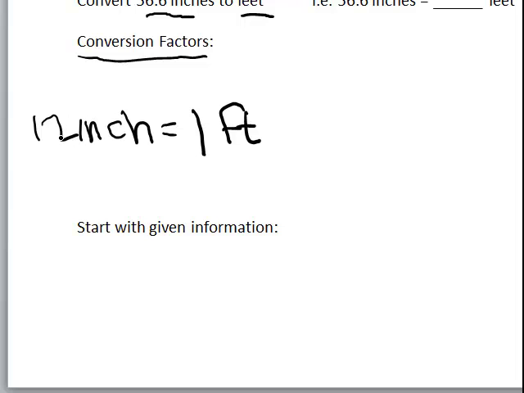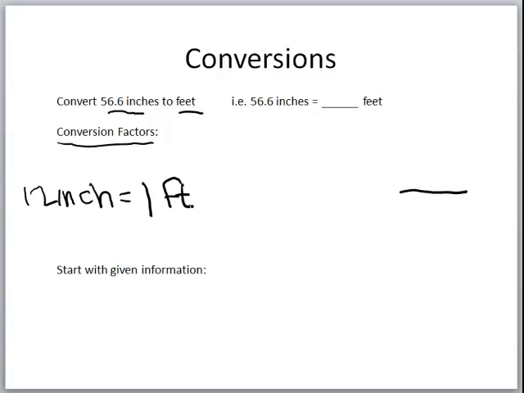So that's the relationship. 12 inches is equivalent to 1 foot. Well, what that means is that we can write a fraction with that. We can say 1 foot over 12 inches. Now, essentially, the value of that fraction is 1, since the numerator and denominator are equivalent, but we don't need to worry too much about that right now.